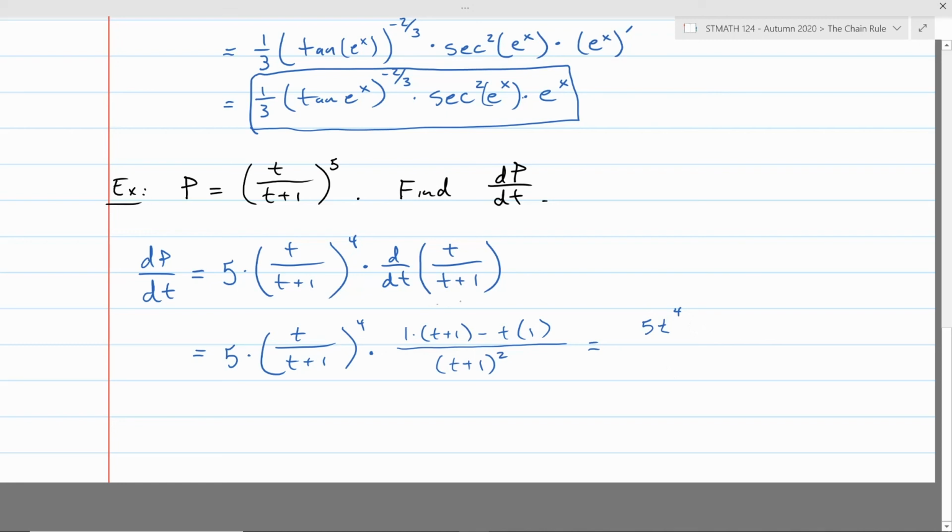So those cancel and you're just left with 1 times 1. And then in the bottom, you got t plus 1 to the fourth and then another t plus 1 squared, so you'd have t plus 1 to the sixth. So you could reduce it like that to make it look a little prettier.